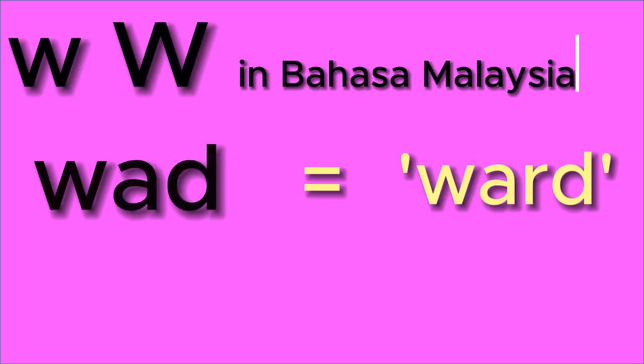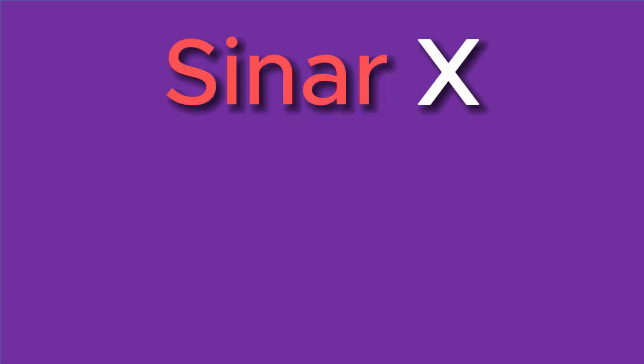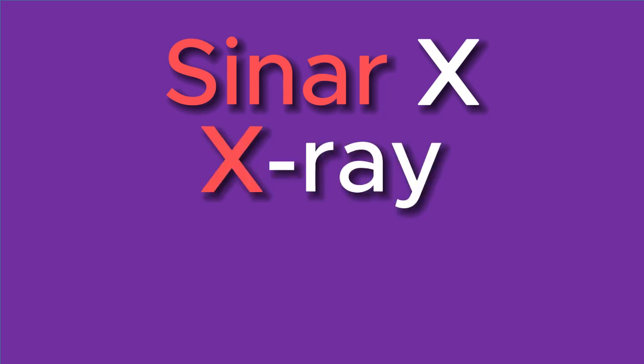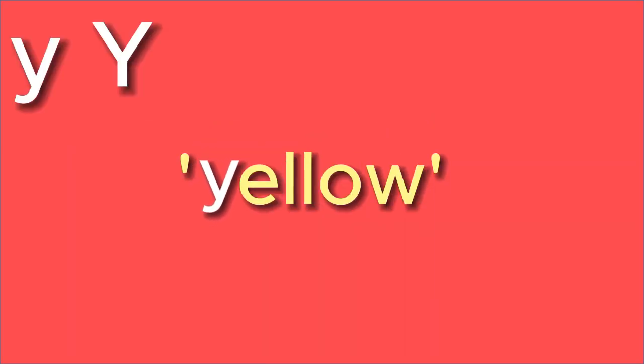W is pronounced as W. Examples: war means war, wira means hero. X. The alphabet is not native to Bahasa Malaysia, however, it is used in loan words like Sinar X, representing X-ray, or xilem, which is xylem. Y is pronounced as Y, as in yacht, yellow.